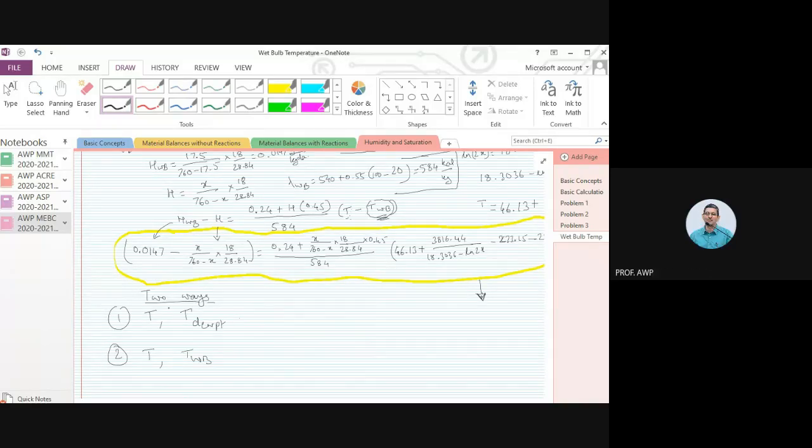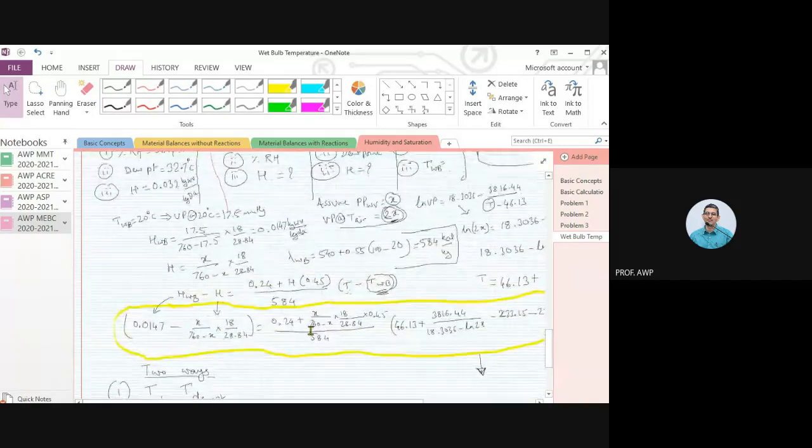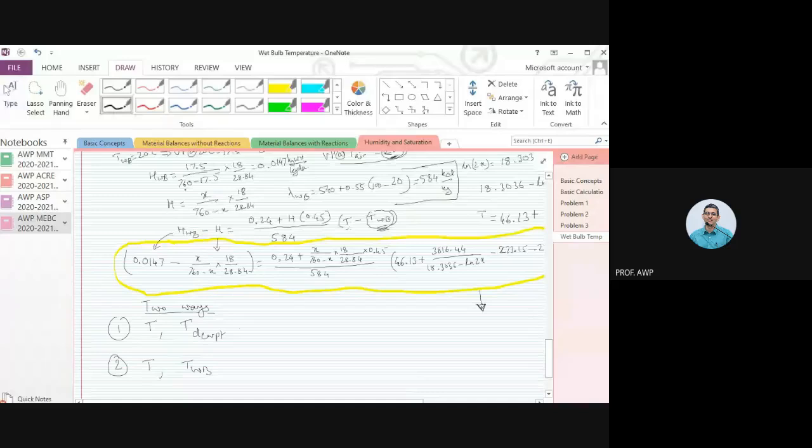Vapor pressure is an exponential relationship. Log vapor pressure is related to 1 by temperature, so that's an exponential relationship. And this humidity equation is based on heat and mass transfer. So this equation is based on heat and mass transfer, and your humidity at the wet bulb conditions at the wet bulb temperature are related by Antoine equation.